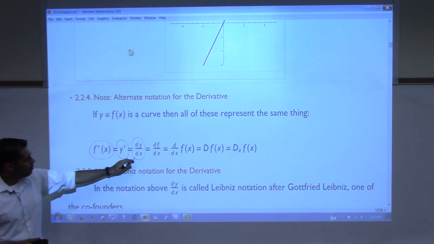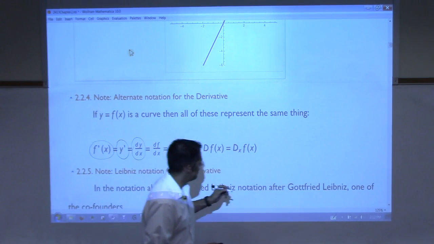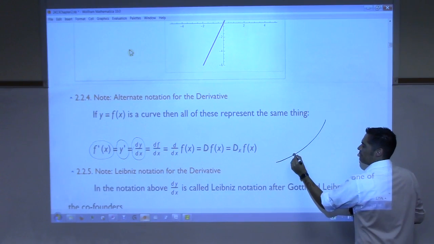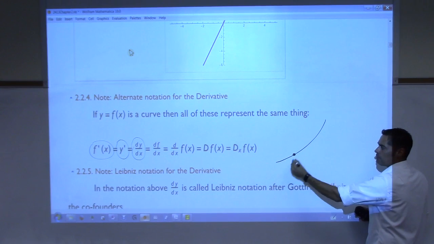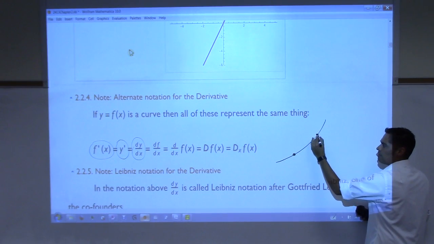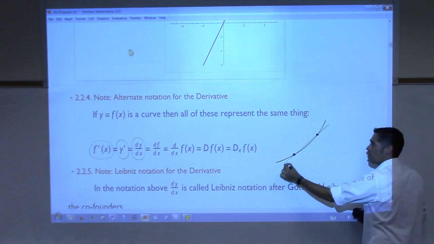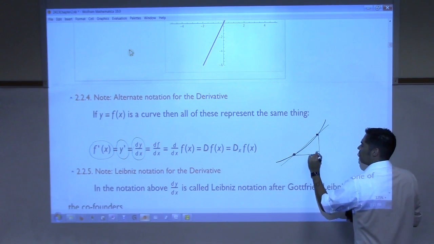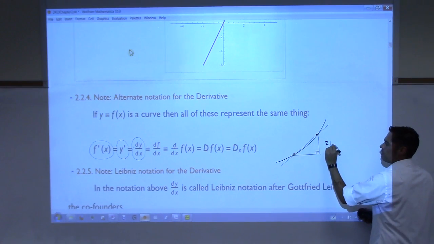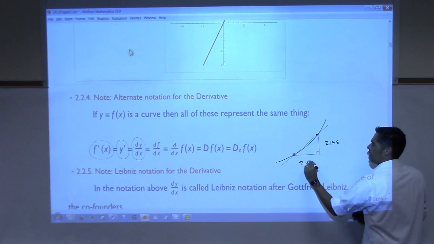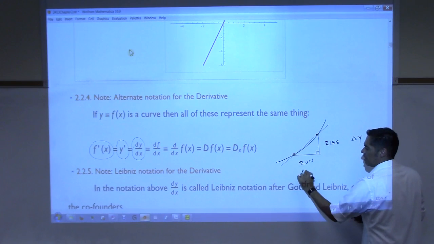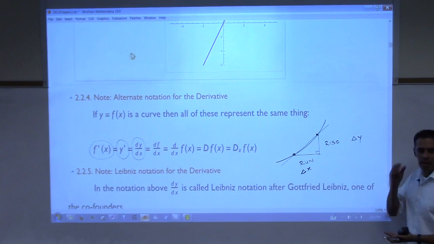Think about this. What Leibniz was trying to say with this is if you go back to the curve, right? And we were trying to find the slope of the tangent line here. What Leibniz said is, look, I'm going to look at it as a secant line, which we did also, right? And he said, look, if you draw a little triangle here, this is rise over run, isn't it? And wasn't rise change in y? And wasn't run change in x? Yes?